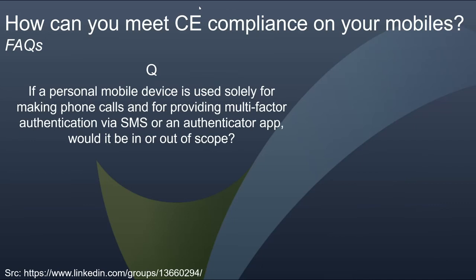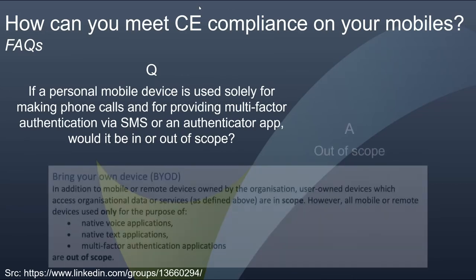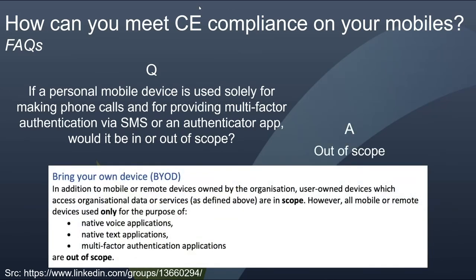And again, as MFA becomes enforced, they can use those personal devices for that purpose as well. Fortunately, as we mentioned earlier in the presentation, it is out of scope under that scenario, as it meets the exemption criteria for ticking the native voice applications and potentially the multi-factor authentication app checkboxes as well.